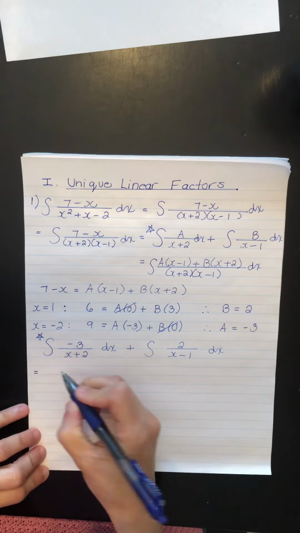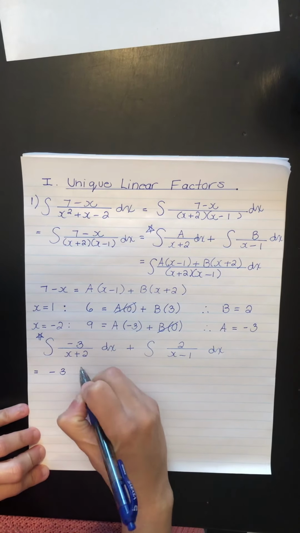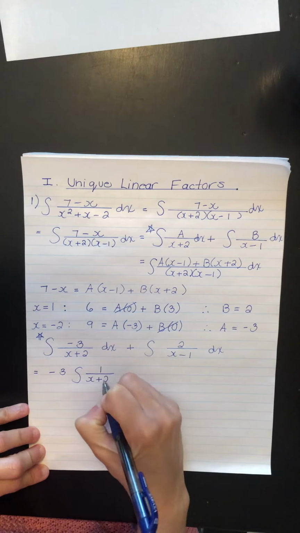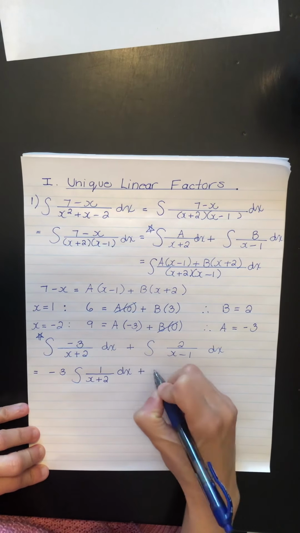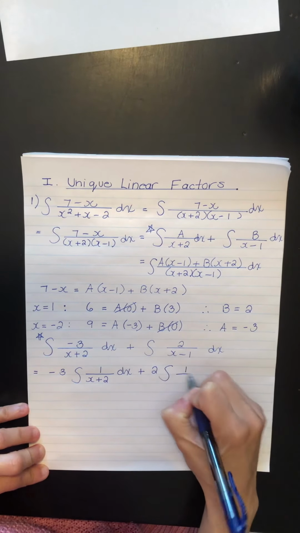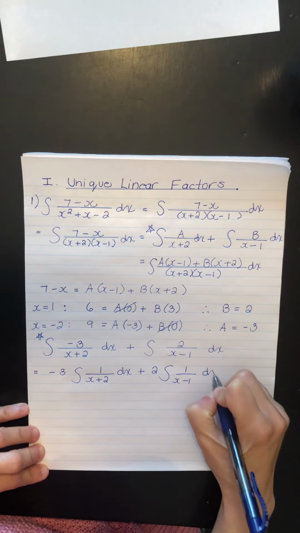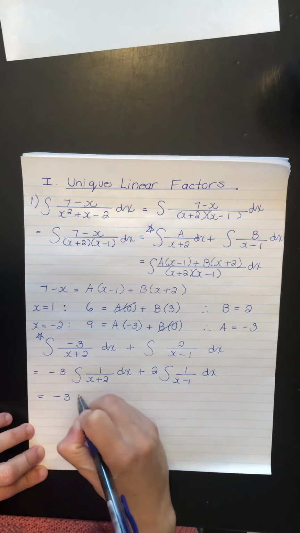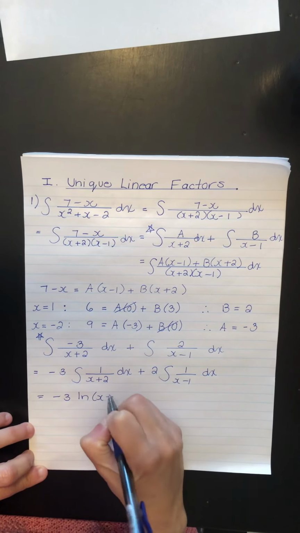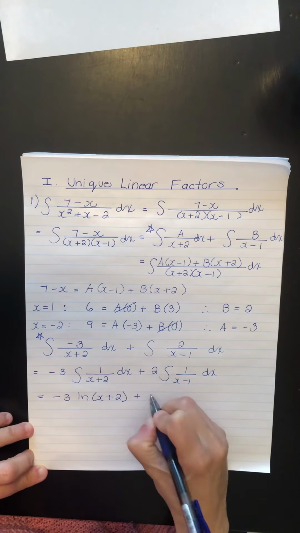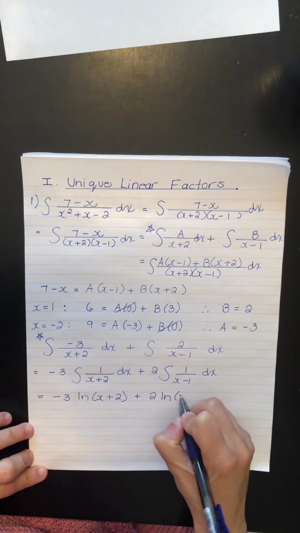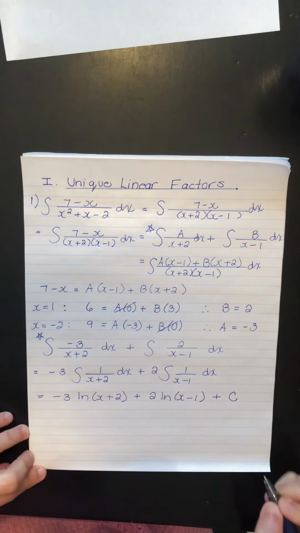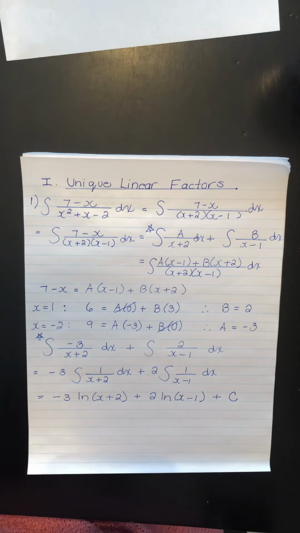So we can simply push the coefficients such that they are multipliers out front like this. And then upon integrating, we will have -3 times the ln of x plus 2 plus 2 times the ln of x minus 1. There will be our constant of integration at the end.